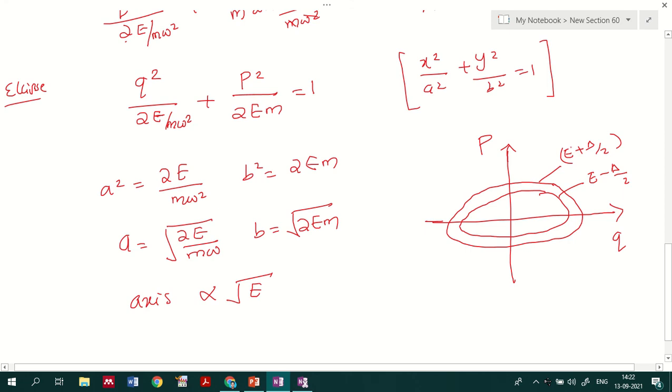From the microcanonical ensemble, the total energy of the system, the Hamiltonian energy, will be between E plus delta by 2 and E minus delta by 2. That means it will be in this region. In this interval you can see the total energy and the number of microstates corresponding to this. And this difference will be delta in this case.